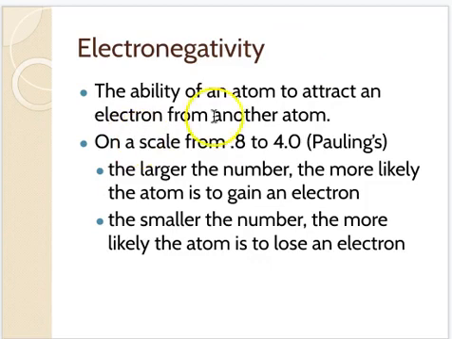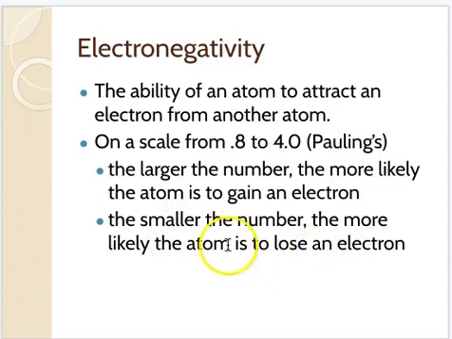So the larger the number, the more likely the atom is to gain an electron. So again, these are going to be your smaller atoms close to the nucleus, because that's going to attract your electron.